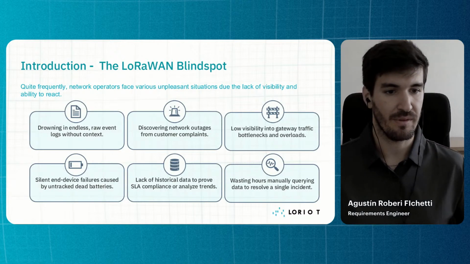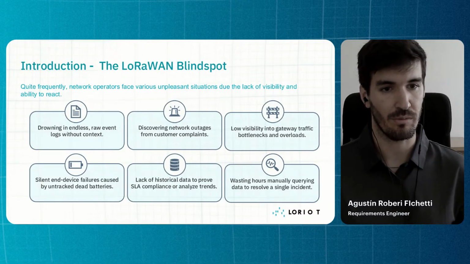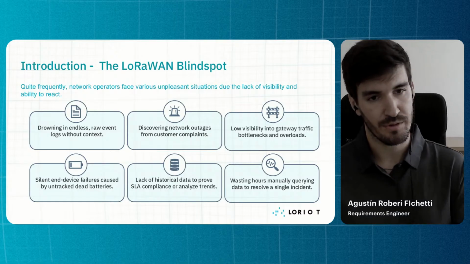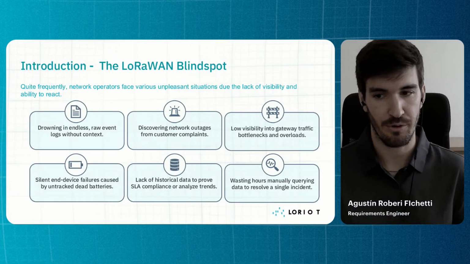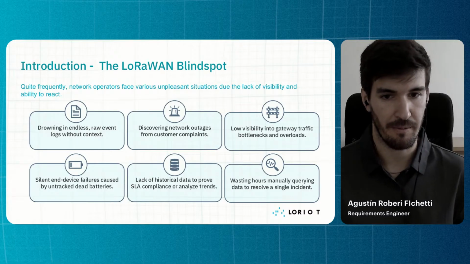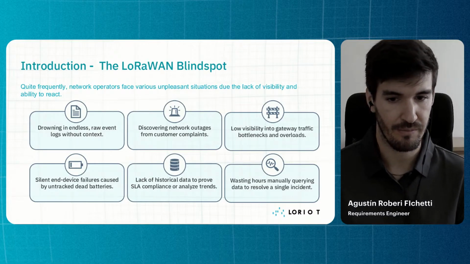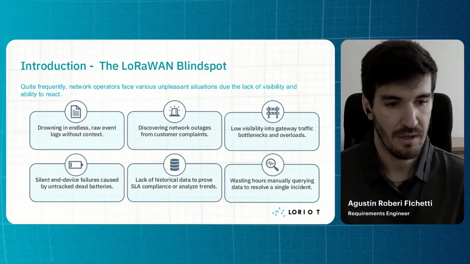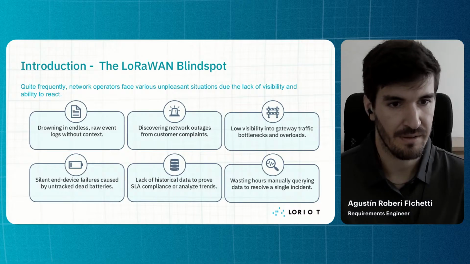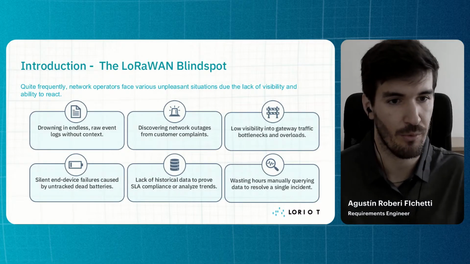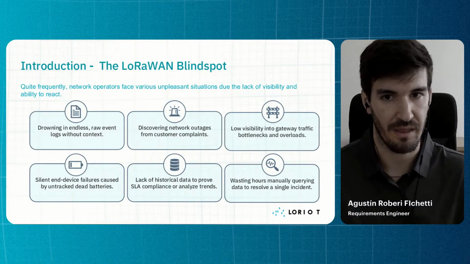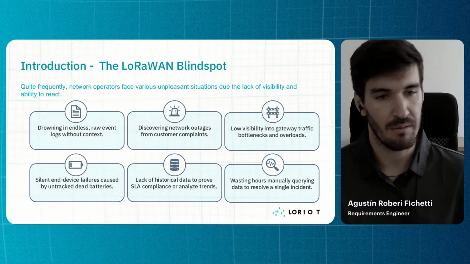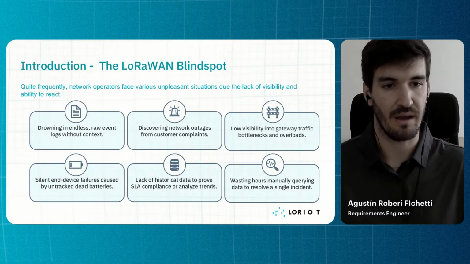As I said, maybe the next complaint, the next incident will be completely different, and maybe all the work you did for the previous complaint or the previous scenario is not useful at all for this new scenario. So yeah, wasting man hours on each incident, I think it's the highest cost for any company that is managing an IoT network.